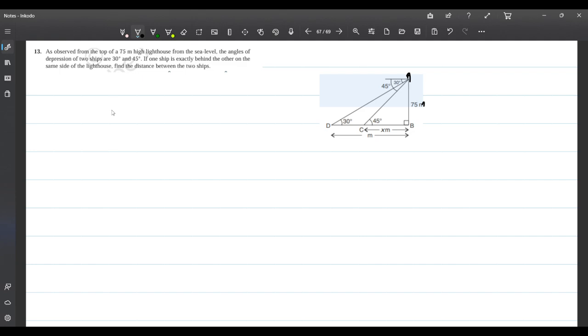So in the figure, AB represents a 70-meter lighthouse. C and D are the positions of two ships where the angles of depression from the top of the tower are 45 degrees and 30 degrees.